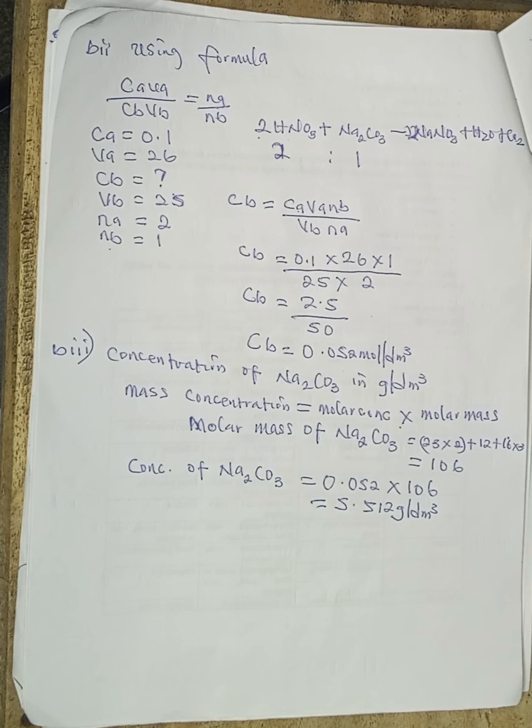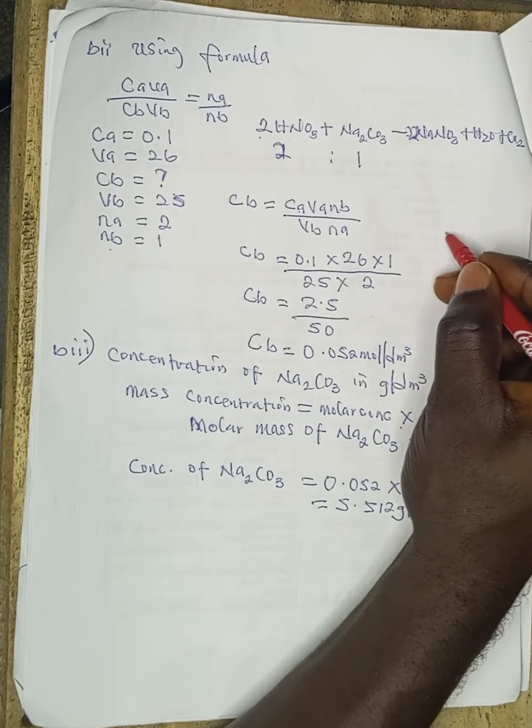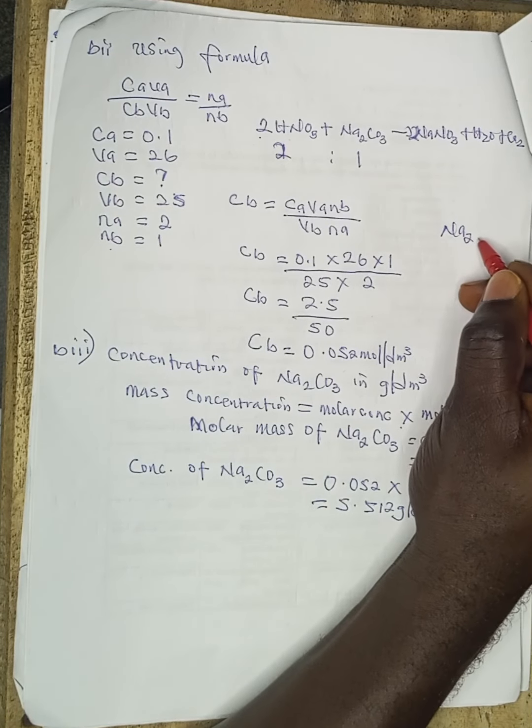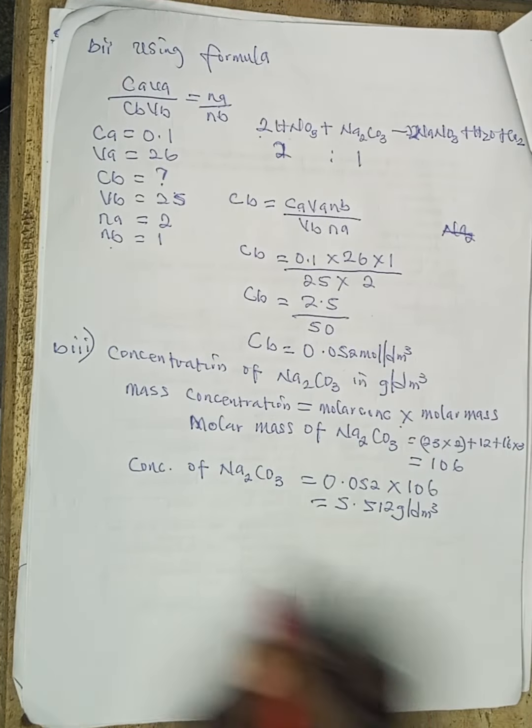Now you proceed. The next question is, you are asked to calculate percentage of sodium in B. Remember, B contains 2 salts. What are the salts? They give you Na2, let me put it here.